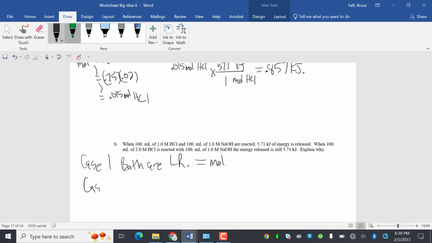In case 2, the limiting reactant is not HCl, it is NaOH. Same limiting reactant, same product, which would still be 5.71 kilojoules.